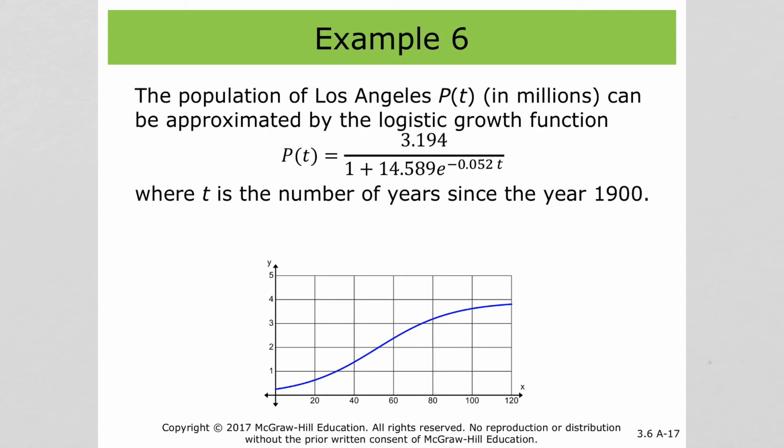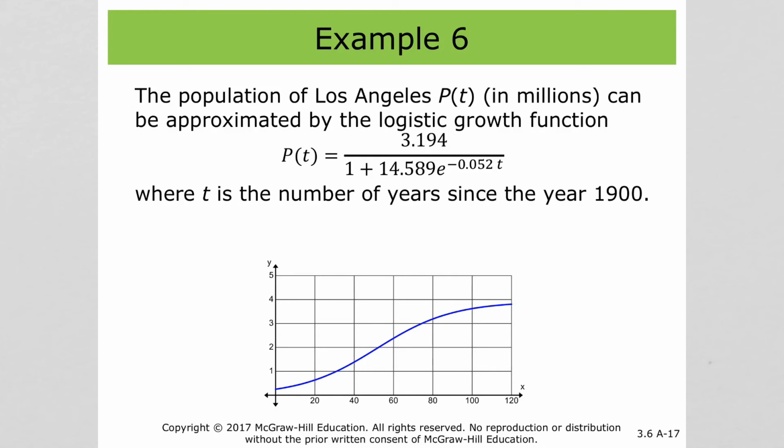Okay, let's look at an example better than bunnies. Example 6 says the population of Los Angeles, in millions, can be approximated by this logistic growth function: 3.194 over 1 plus 14.589 times e to the negative 0.052t.